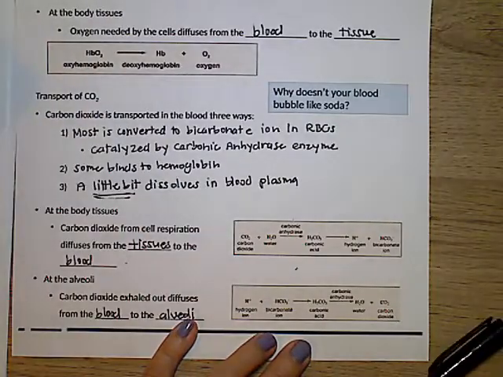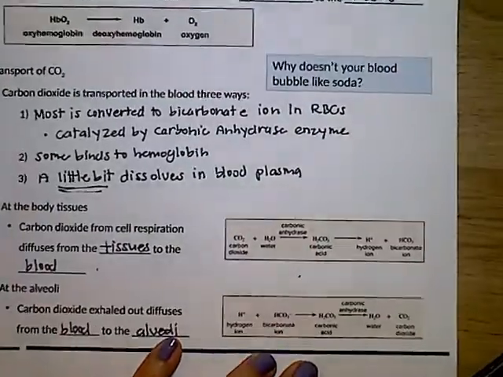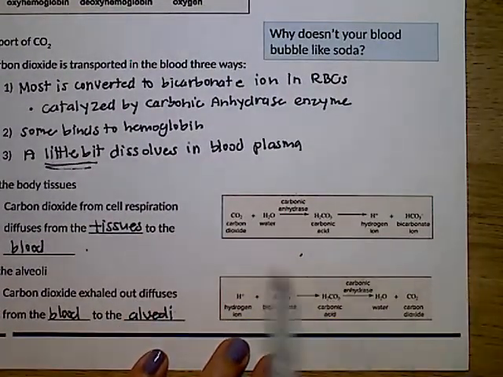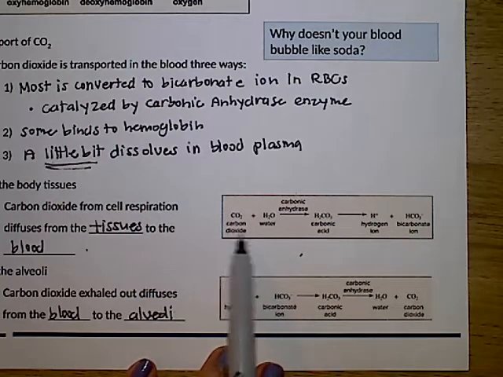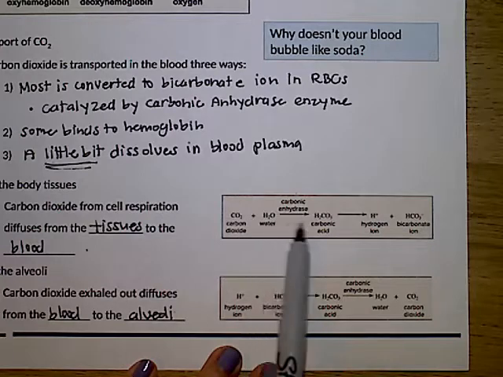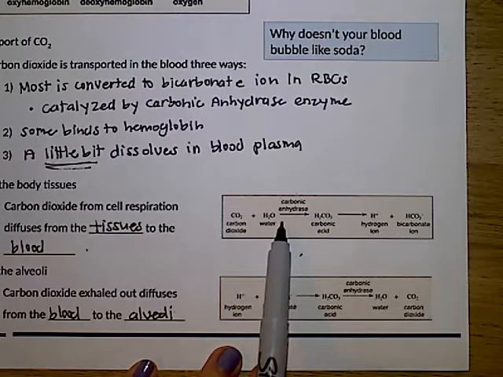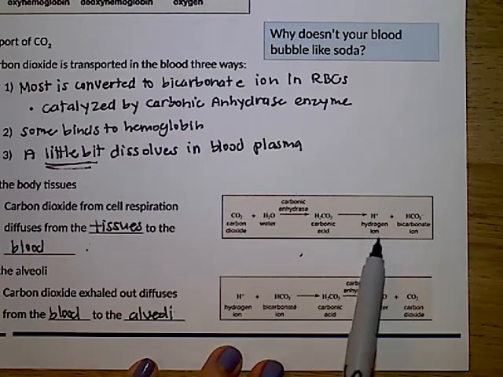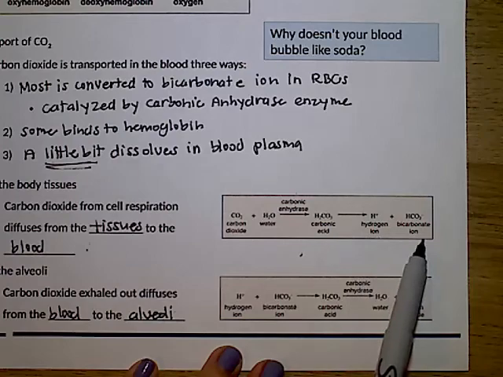So let's see if I can zoom in on that at all. Oh yeah, there we go. Is this the one we've seen? No, oh wait. We've seen one of these. So carbon dioxide and water, with the help of the catalyst or enzyme carbonic anhydrase, will form carbonic acid. And yes, we've seen this, which will break down into hydrogen ions and bicarbonate ions.